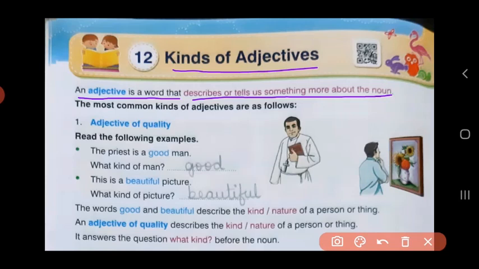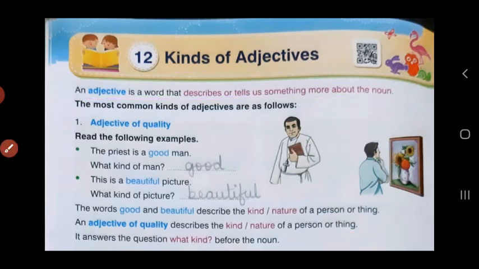For example, good boy. Boy is the noun and the word describing my noun boy is good. So good becomes the adjective. Pretty girl. Girl is the noun and pretty, which is describing the girl, becomes the adjective.